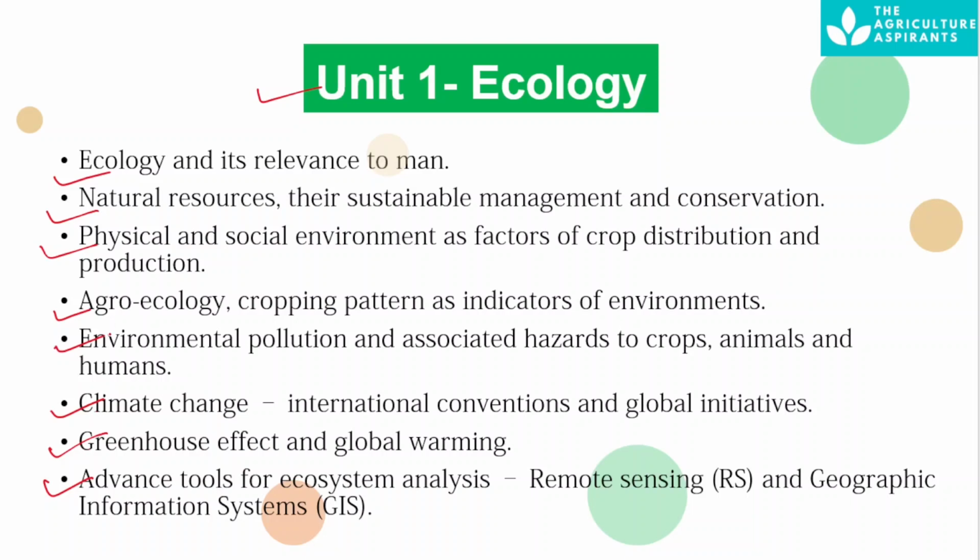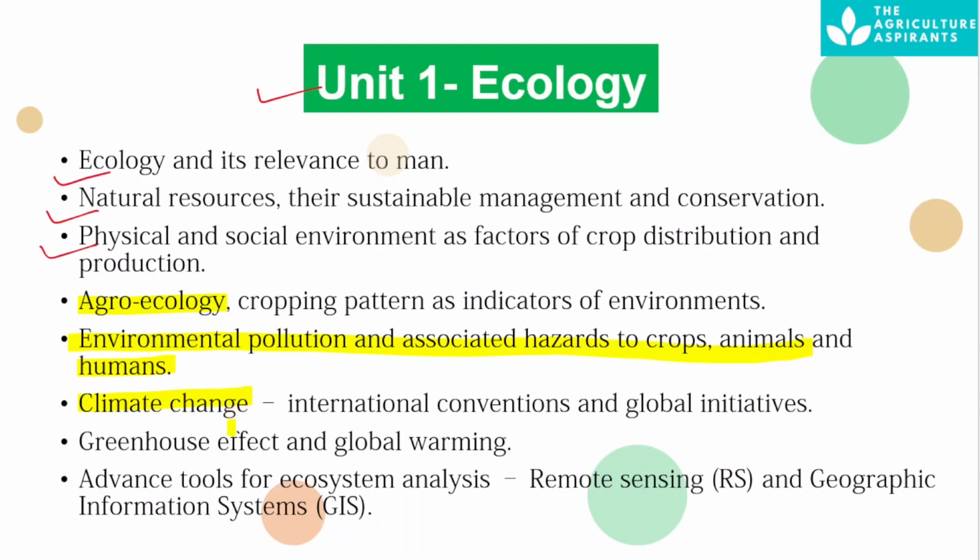From these topics, some are very important. I am highlighting these topics in different colors. Environmental pollution: every year you will get one question associated with this. The next point is climate change. Very important, and this is a burning topic.